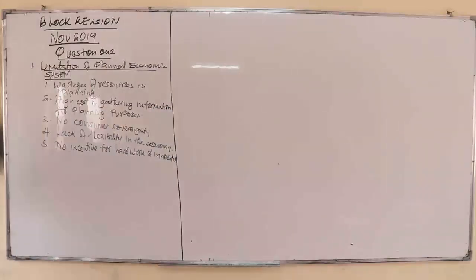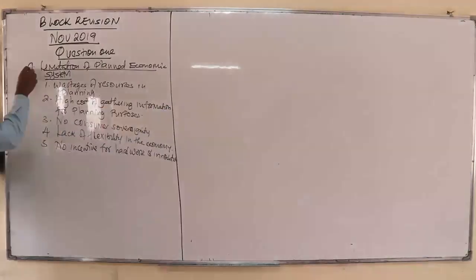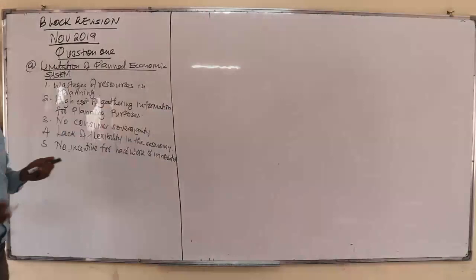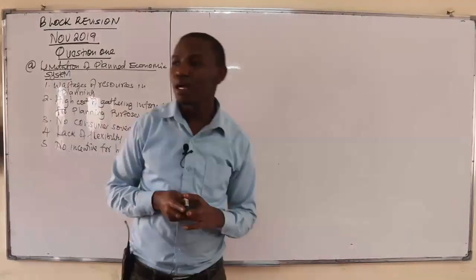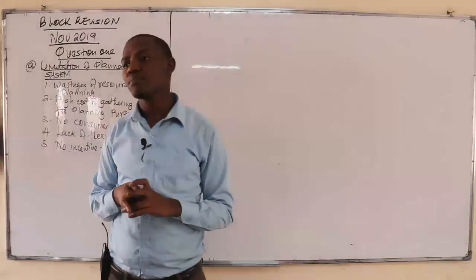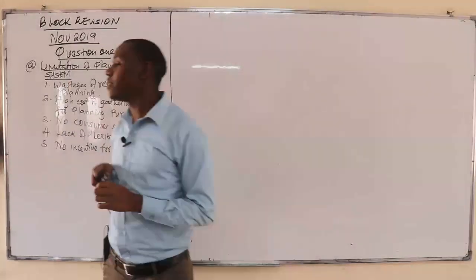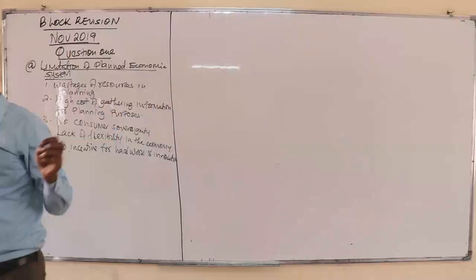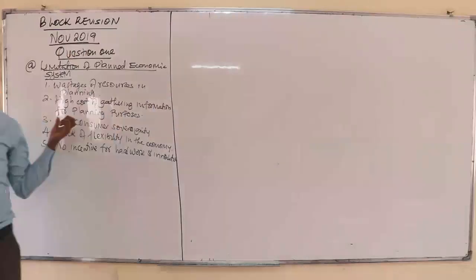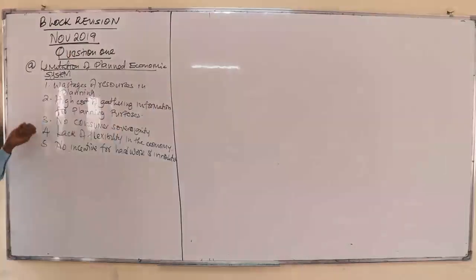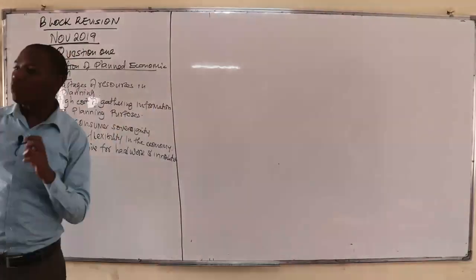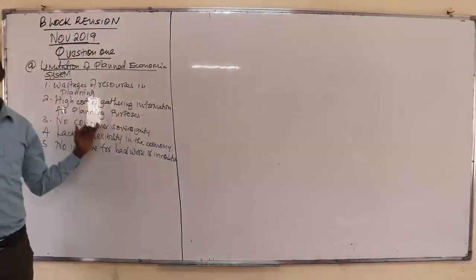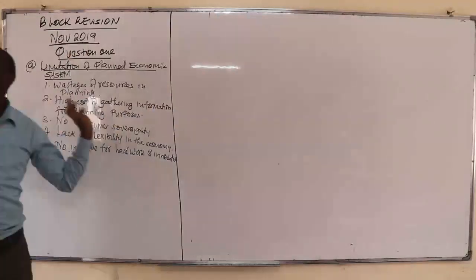Now, the third category of the economic systems is what we call the mixed economies. This one will be the combination of free market economy and planned economy, whereby the decision on resource allocation will be determined by the state and also through what we call the price mechanisms.